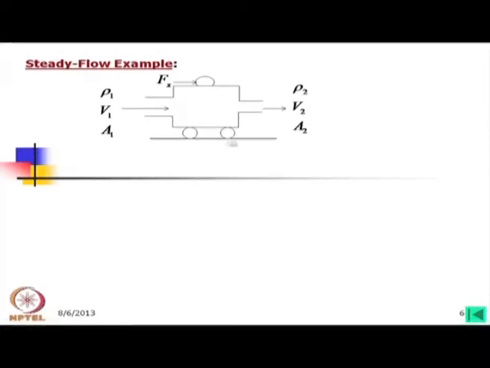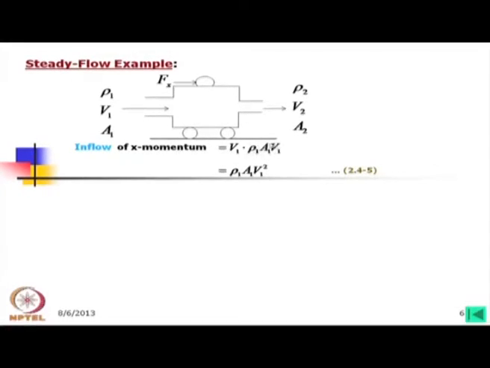Now, to balance this for equilibrium we apply a load F x, and therefore, the relation we can write: inflow of x momentum is equal to V 1 rho 1 A 1 V 1, that is equal to rho 1 A 1 V 1 square.